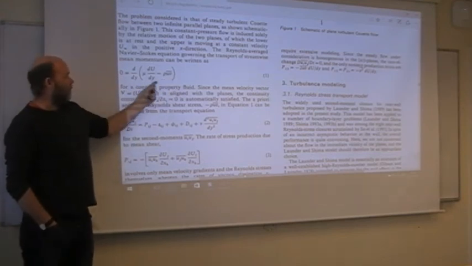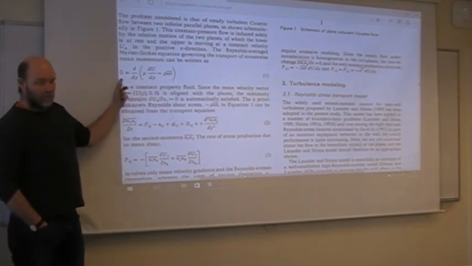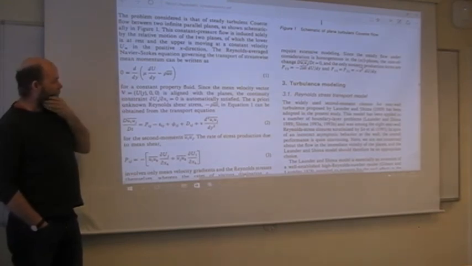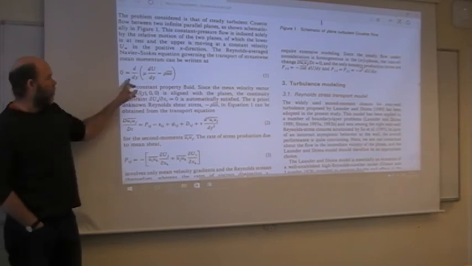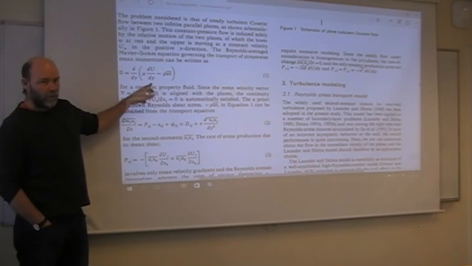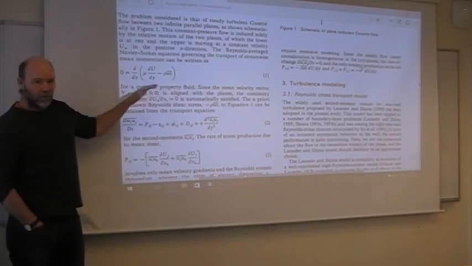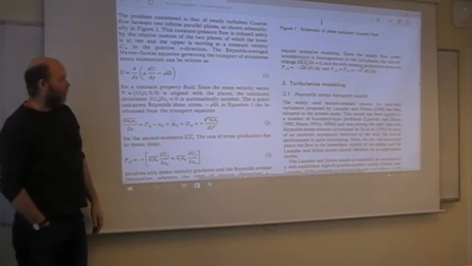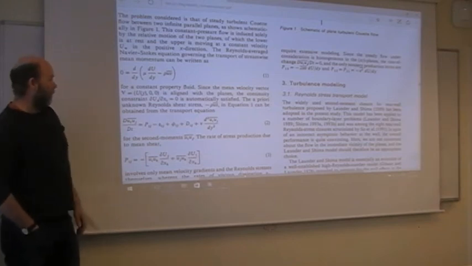And the sum of them has to be constant. There you have something you can test your simulation with. You know this one is going to be a constant, okay, then you just plot them together and see if you get a straight line. So that's sort of a test. How well have you solved the equation of motion overall?